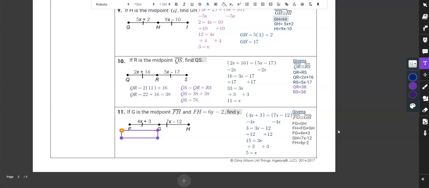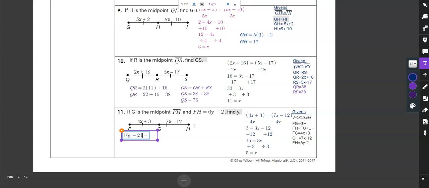So first of all, we have our equation FH is equal to FG plus GH. So the first thing I'm going to do is write that out mathematically. So FH is 6y minus 2, and we're going to put parentheses around that.